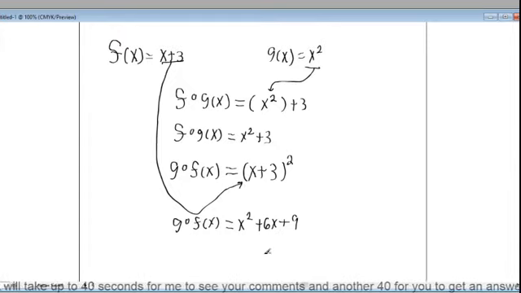So I want to show you another one of these. Another one of these composition of functions. Very similar to what we just did, but they're going to do something interesting, so keep a sharp eye.